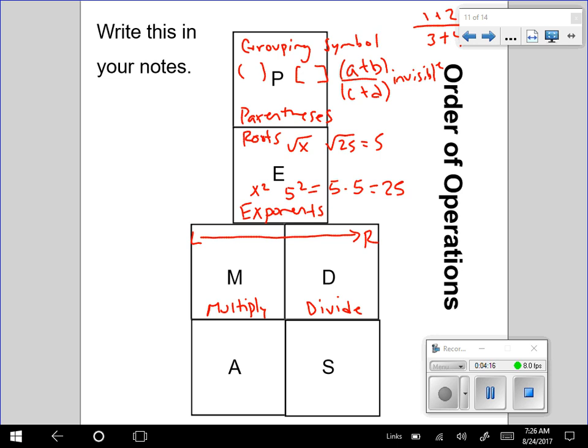So if you see multiplying and division, you can do them from left to right. And the same applies for addition and subtraction. They're on the same level as well, and you're going to work that left to right. A lot of people forget that. We need to make sure we're working left to right when we're working in math.